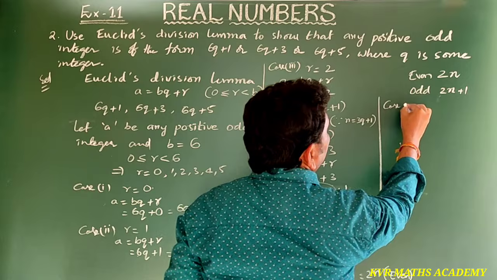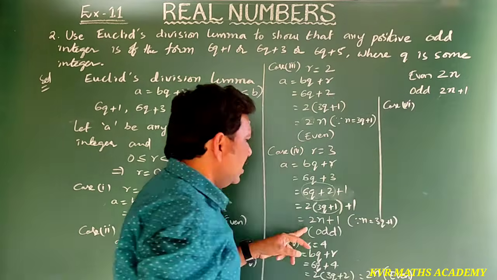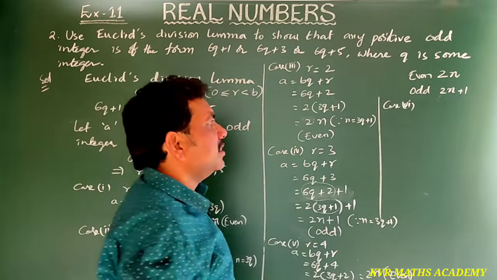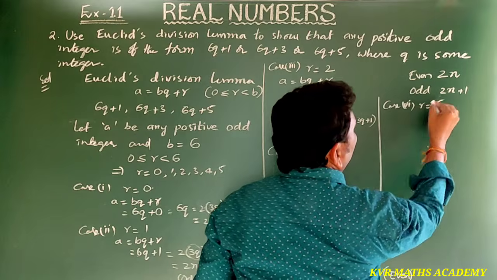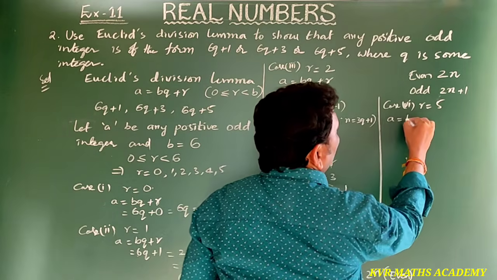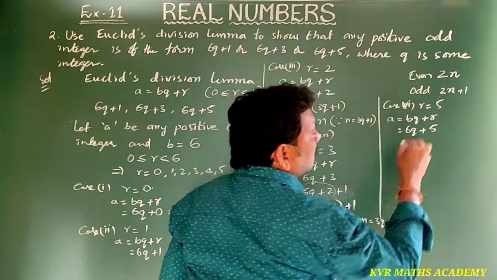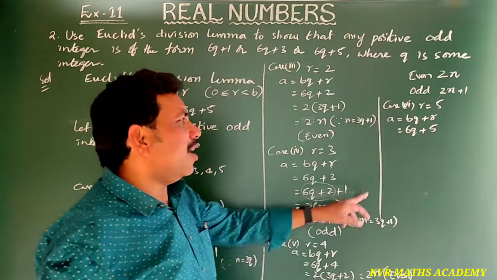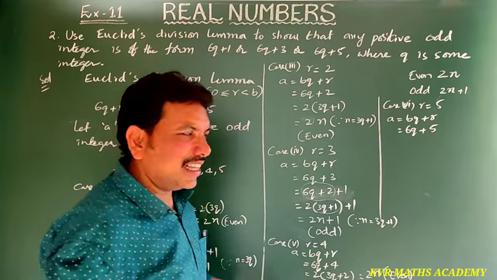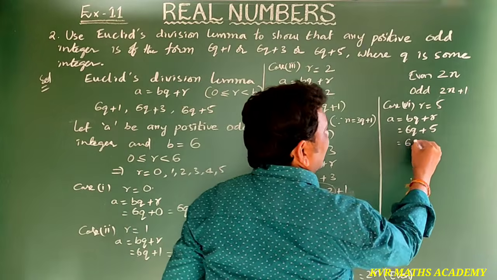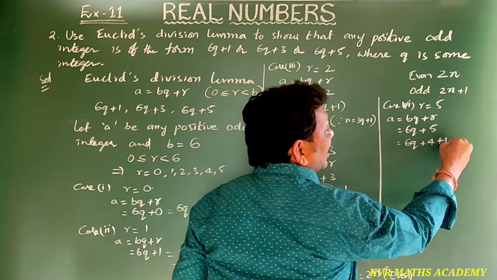Next, case 6, the final one. Here 4 was completed. Next, r is equal to 5 we have to take. So a is equal to bq plus r, that is equal to 6q plus 5. How can you write this one? Yes, exactly, that is 6q plus 4 plus 1, isn't it?